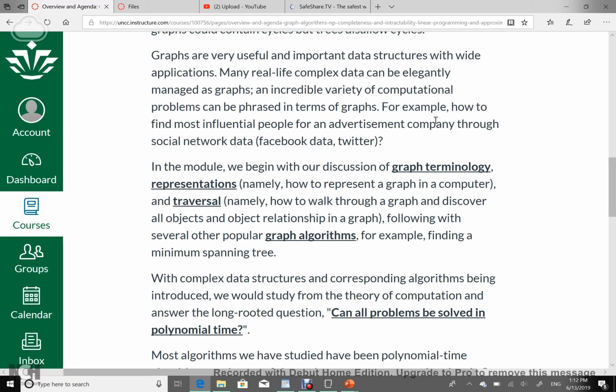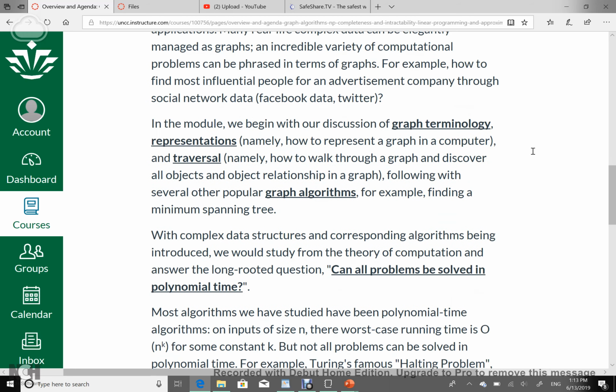For example, how to find the most influential people for an advertisement company through social network data, Facebook data, Twitter data. This is a question people ask you. People want you to find a solution for them, and they want you to find an efficient solution.